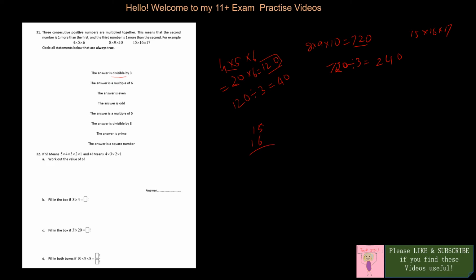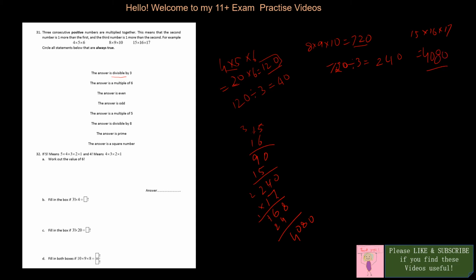If I do 15 times 16, I get 240, and that has to be multiplied by 17 again, so it would be 4080.